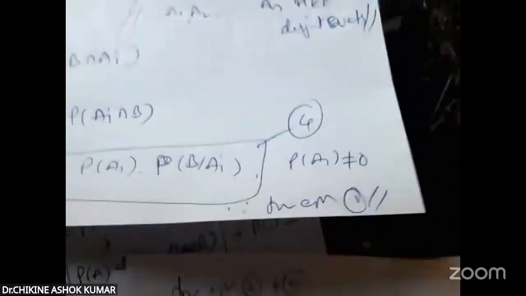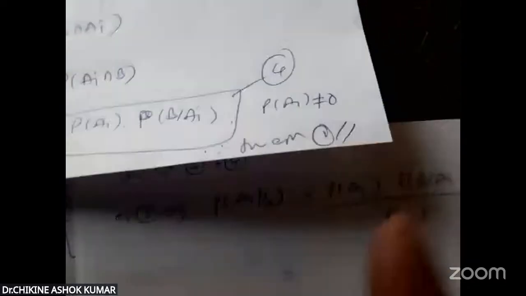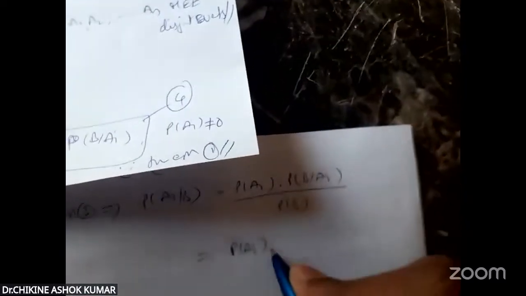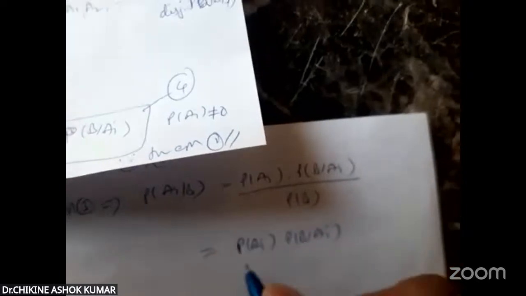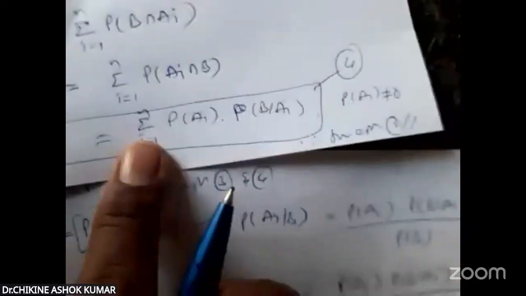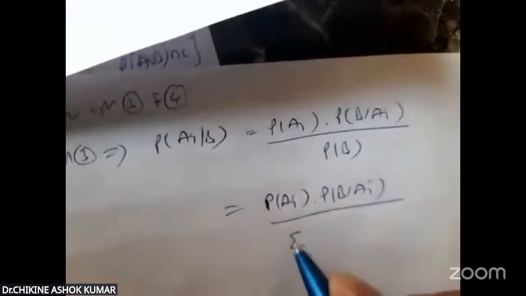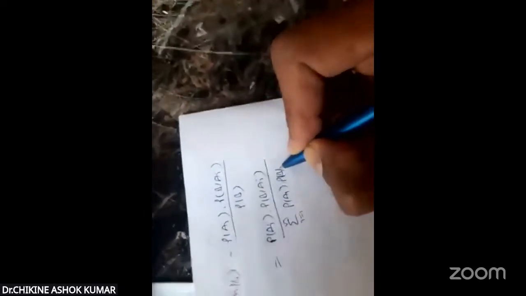Substitute that probability value here. So probability of Ai into probability of B given Ai divided by probability of B value, which is the sum of i equal to 1 to n, P of Ai into P of B given Ai.